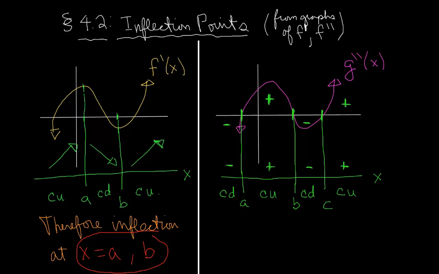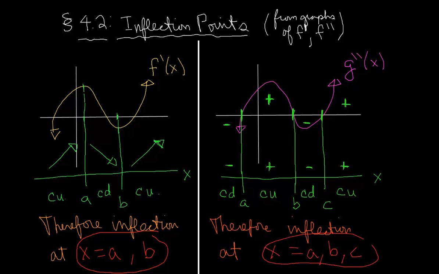And so there are inflection points, therefore, we have inflections at x equals A, B, and C. So you see, the way you think about these is very different.